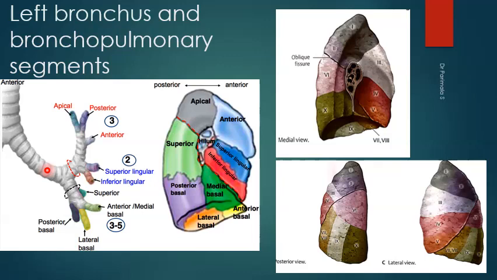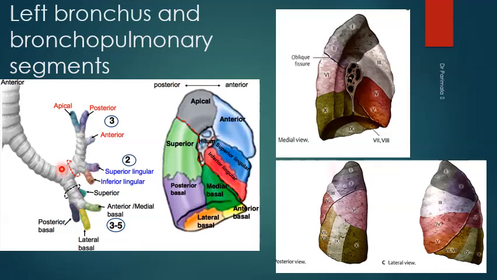One more relation you have to remember: in the earlier image we saw the left pulmonary artery, and here also the arch of aorta you can see, and then from here it enters the lung through the hilum at the level of the 6th thoracic vertebra. So this difference you have to note down.